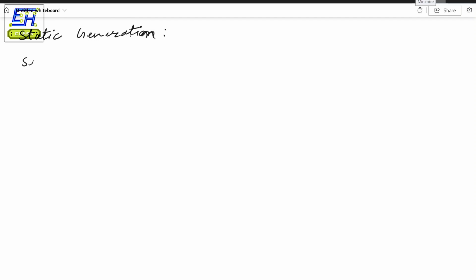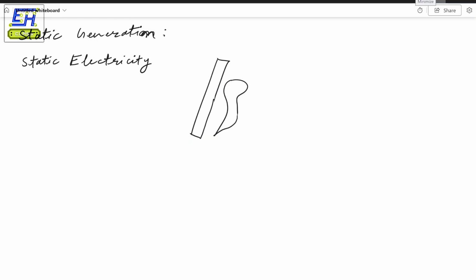When you rub two different materials, like a glass rod and some fur, you get charge separation, which is governed by the triboelectric series, if you guys would like to know. But as I said, the energy produced by this is very much insignificant.